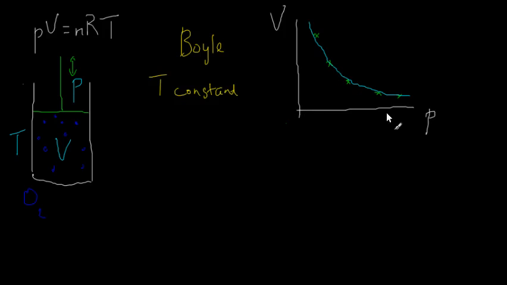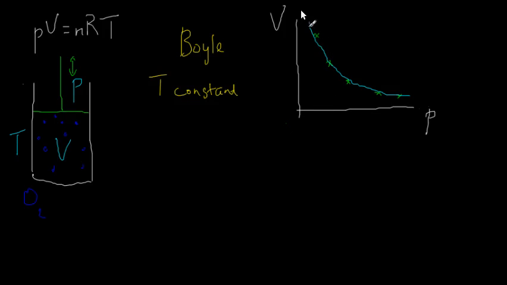What this tells us is that when the pressure is low, the volume is big, and when the pressure is big, the volume is low, which is what we would expect from what I described just now. If you push down harder, the volume would be smaller, right? You will compress the gas.